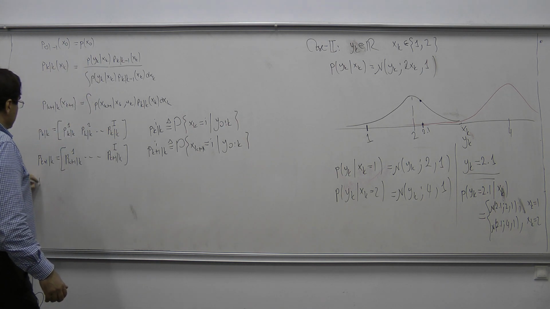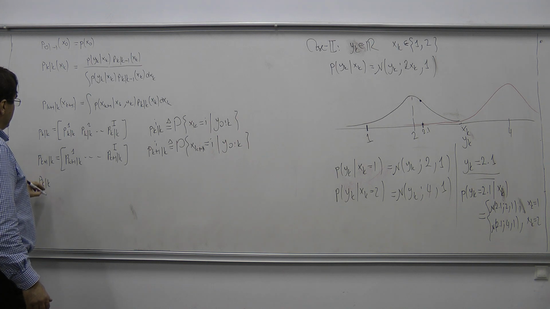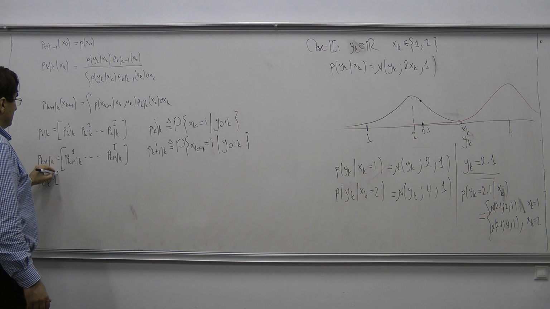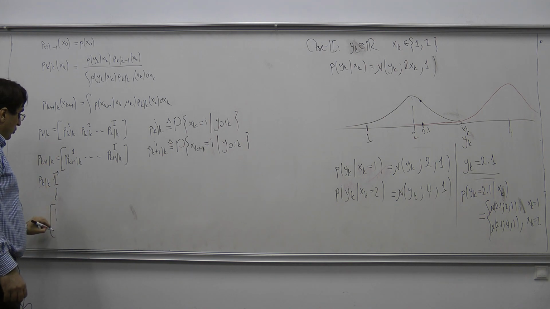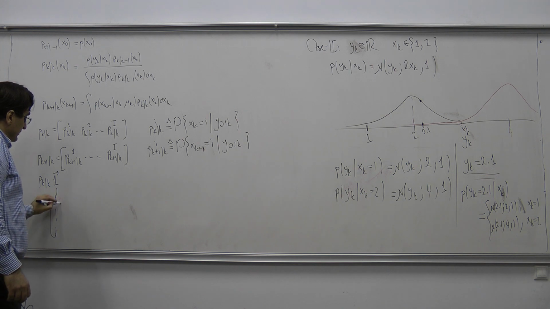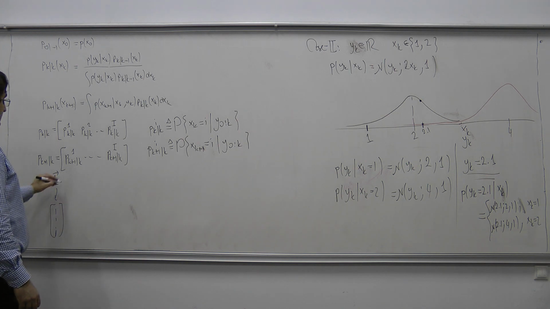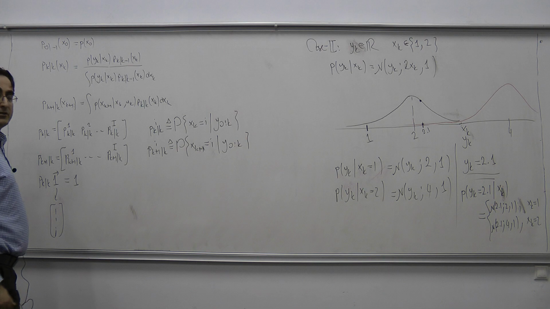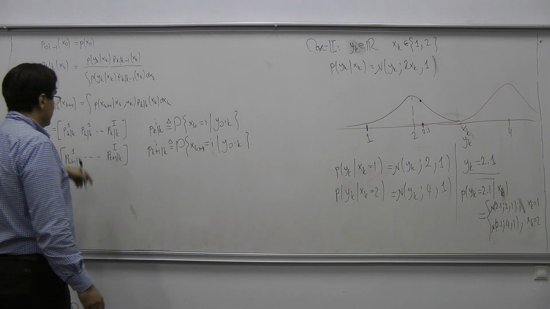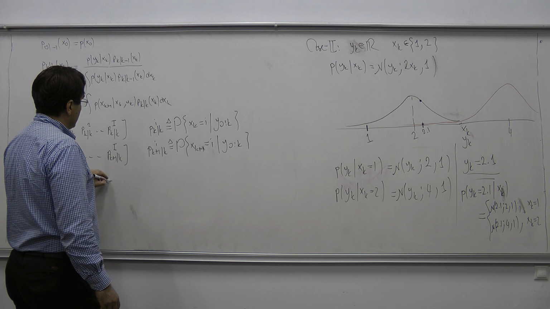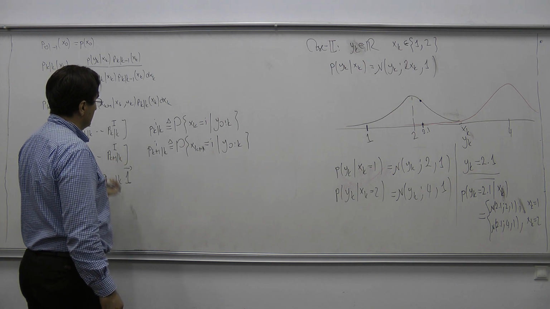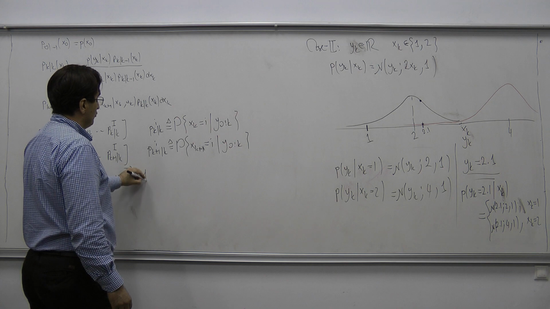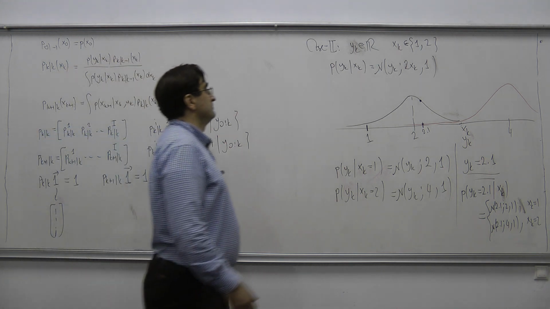That means p_{k|k} vector times the vector 1, which is formed of all elements equal to 1, gives me scalar 1. Similarly, p_{k+1|k} vector times the vertical vector 1 should be equal to scalar 1. Okay?